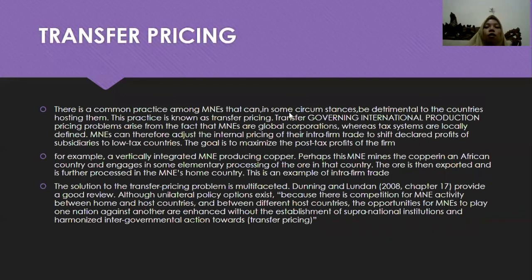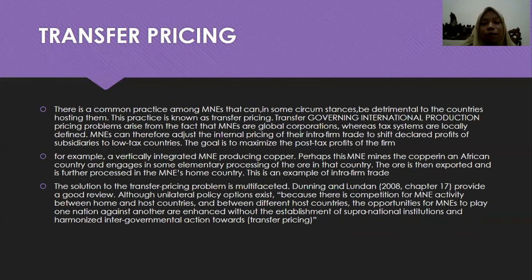And next, I will explain transfer pricing. There is a common practice among MNEs that can, in some circumstances, be detrimental to the country hosting them. This practice is known as transfer pricing.